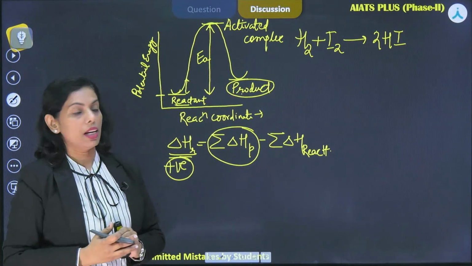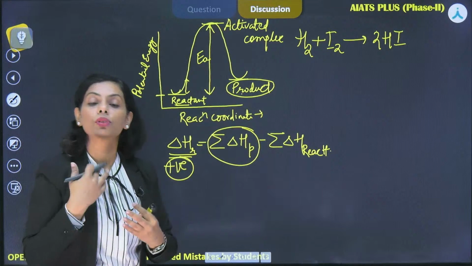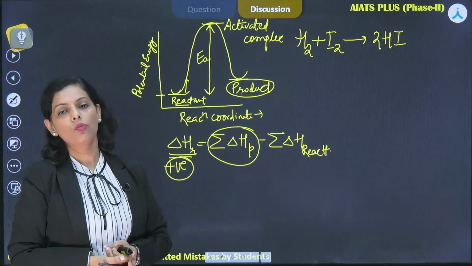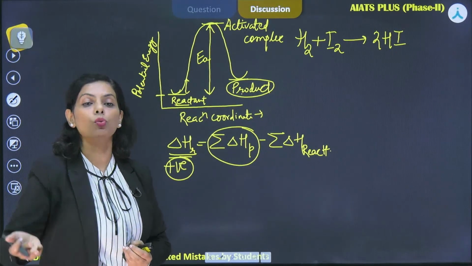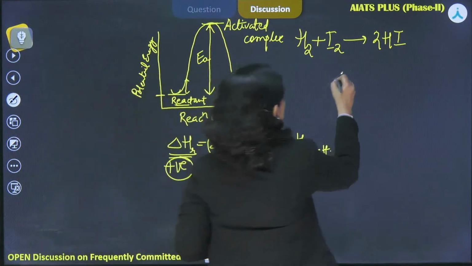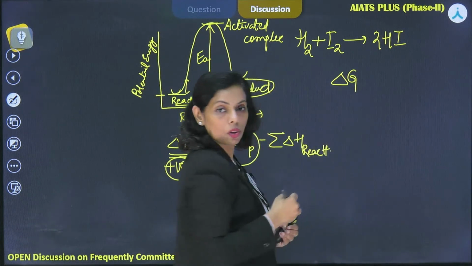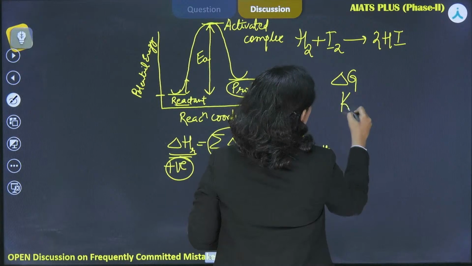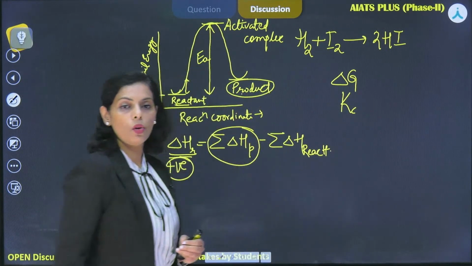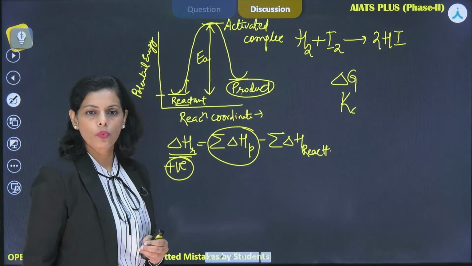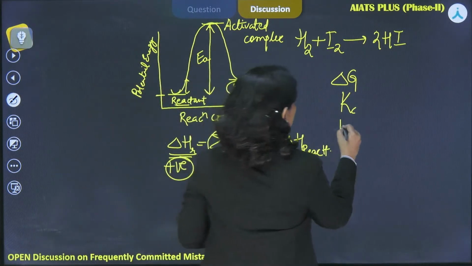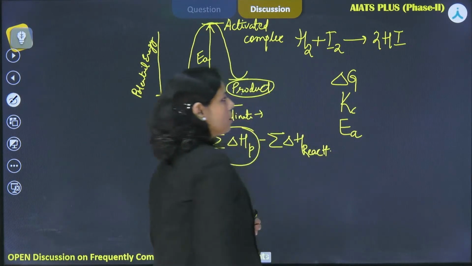Now my question is, what happens if we are using a catalyst in this reaction? What will happen? What will the catalyst do? Whether it will change delta G, or it will change the equilibrium constant, what will it do? Or it changes activation energy.